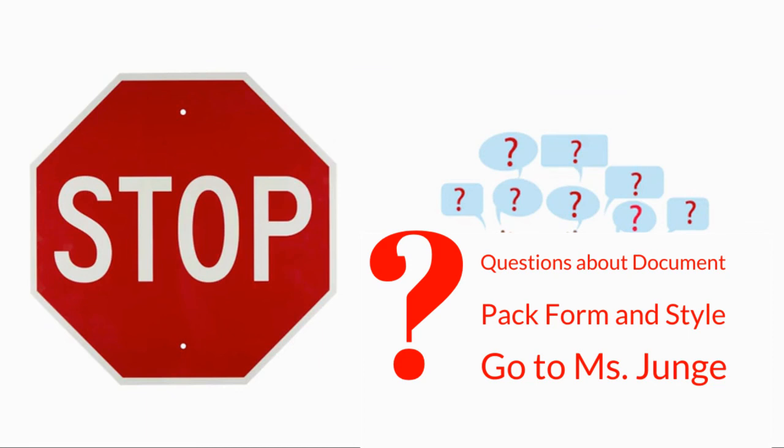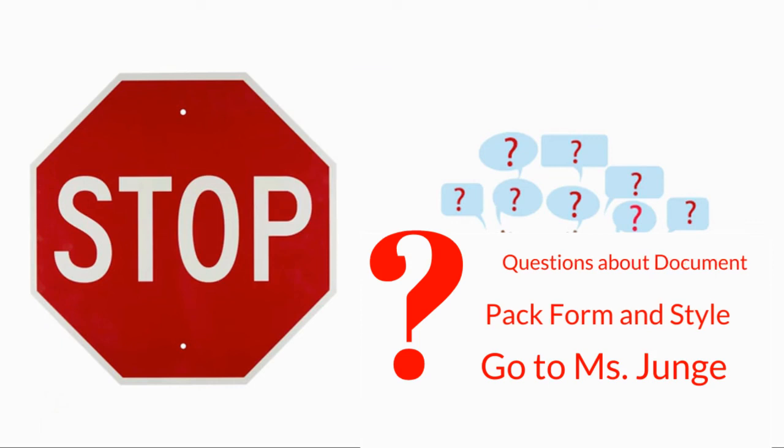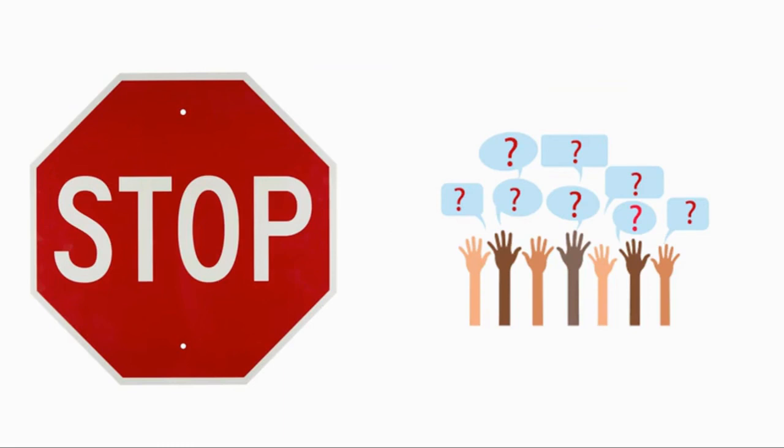And you want to make sure that you get the correct information from the person who's going to be handing you that grade. So if you have any questions, let's stop and think about what they are, and we'll take some time to answer them.